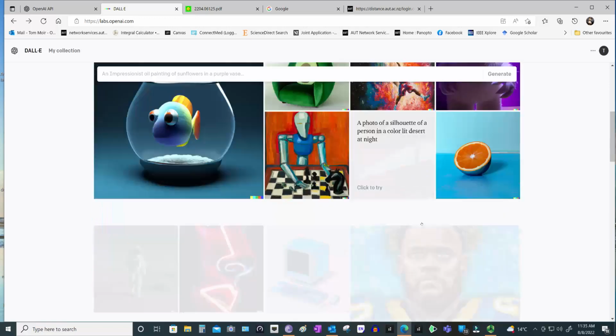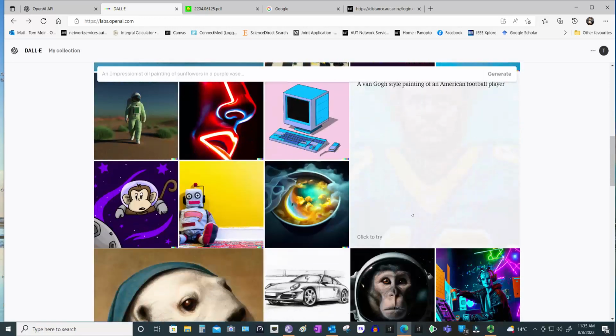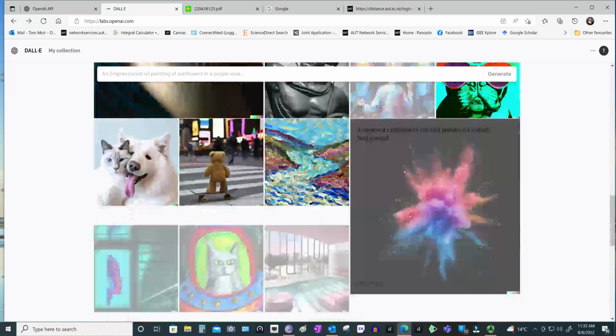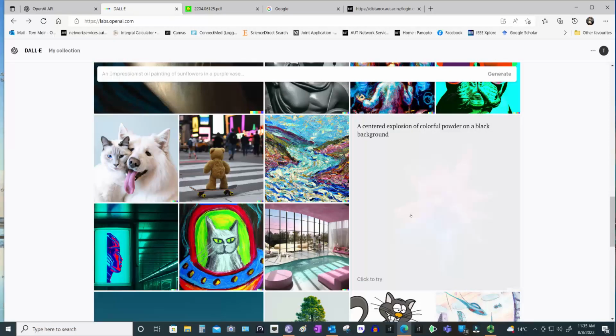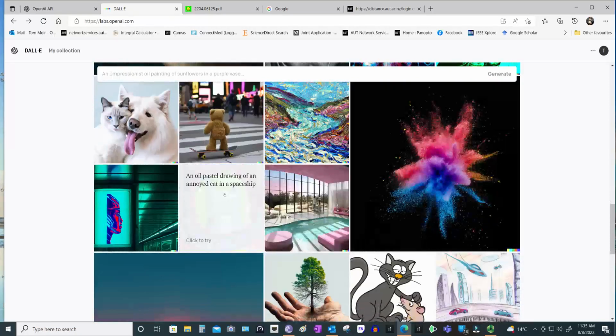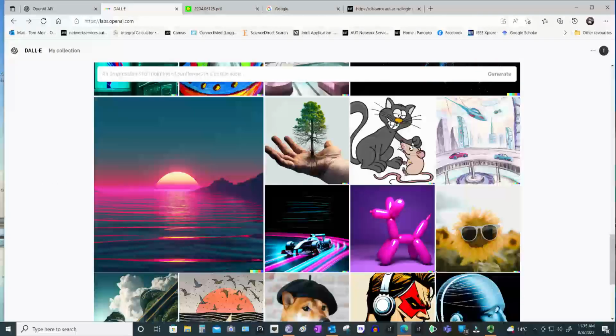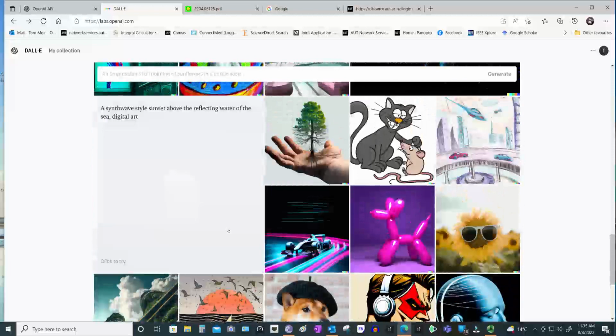It's quite interesting. You may have seen these in the media because it is beginning to get a little bit of coverage. This one's quite interesting. An oil pastel drawing of an annoyed cat in a spaceship. This one is a synthwave style sunset above the reflecting water of the sea.